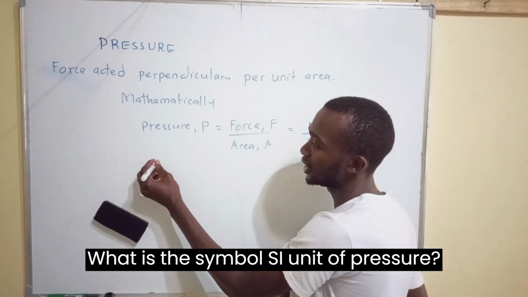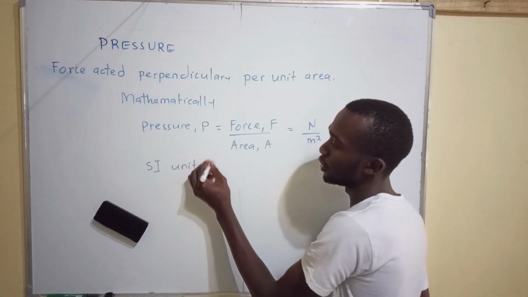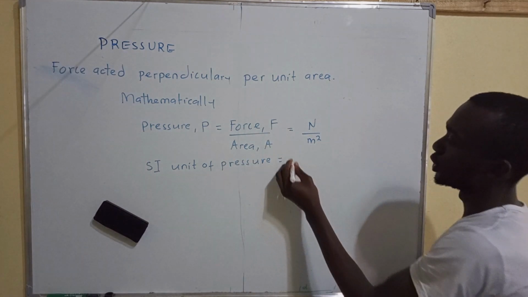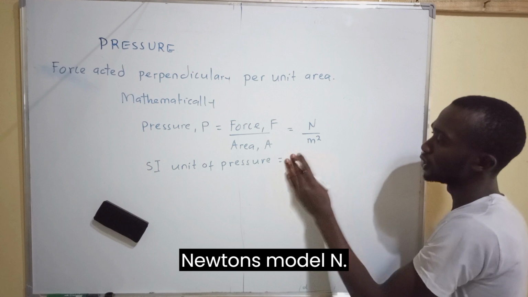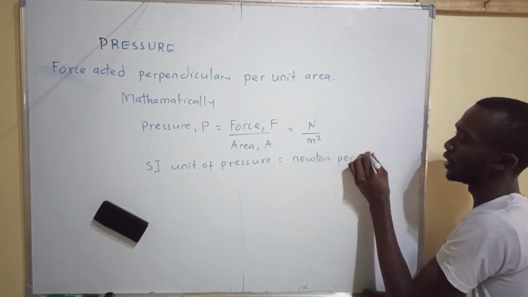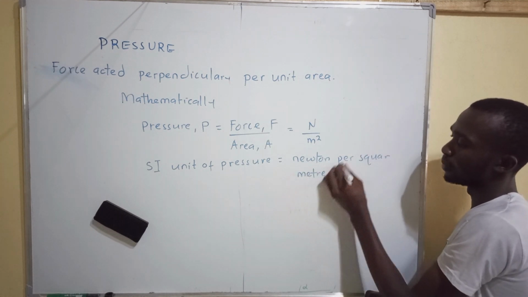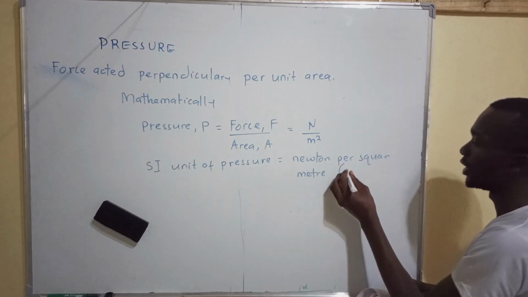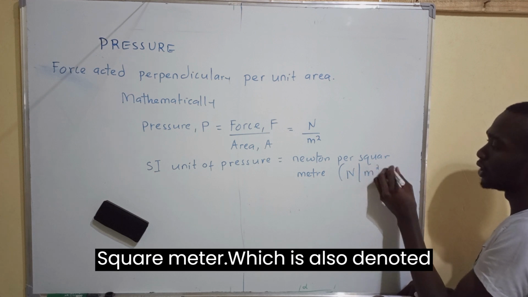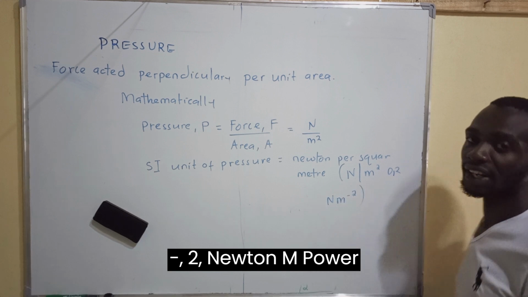The SI unit of pressure is Newton per square meter, with the symbol capital N per square meter, which is also denoted as N m to the power negative 2.